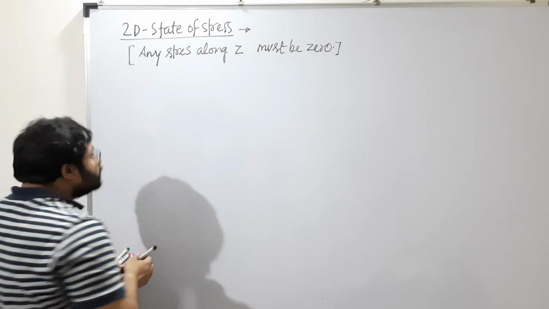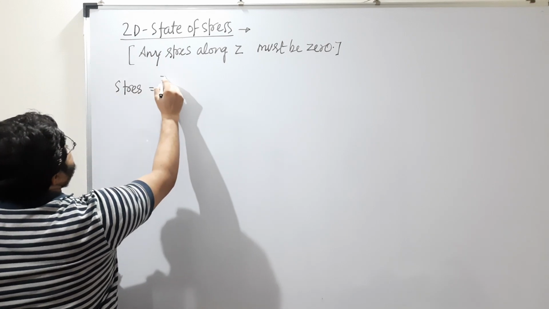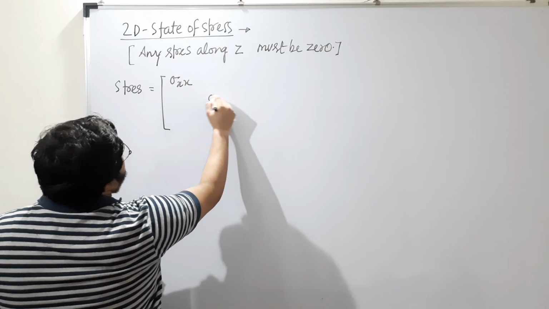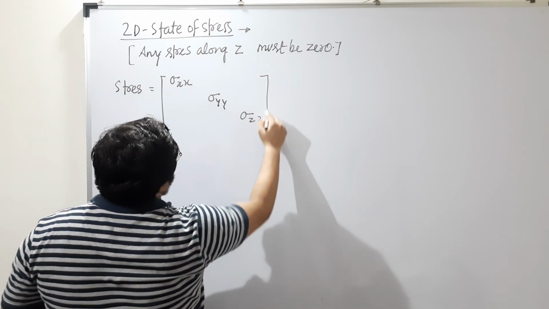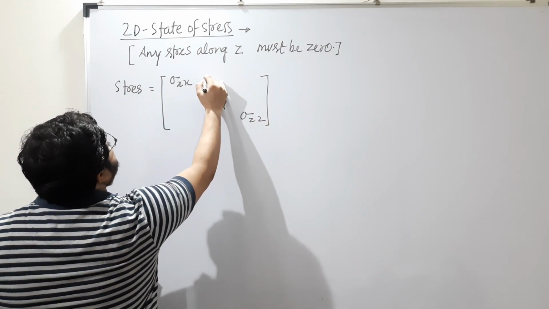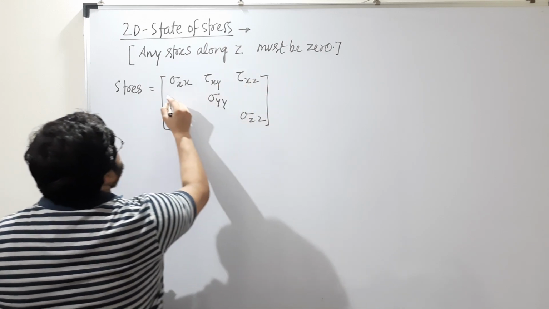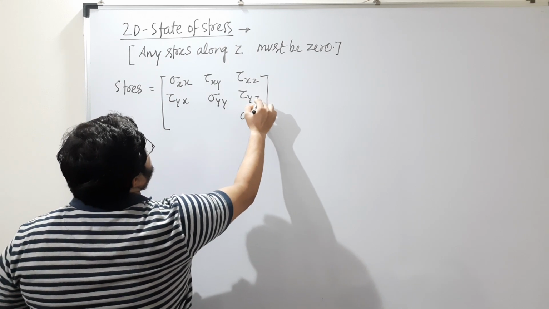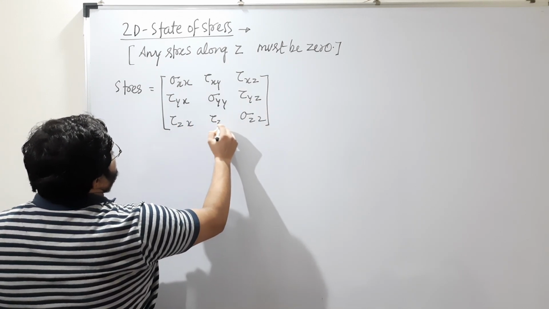It means that in the stress tensor you had written sigma xx, sigma yy, sigma zz, and this was tau xy, tau xz, this was tau yx, this was tau yz, this was tau zx, tau zy.